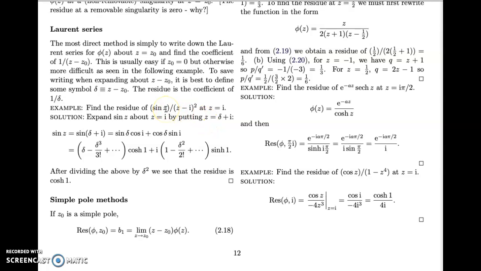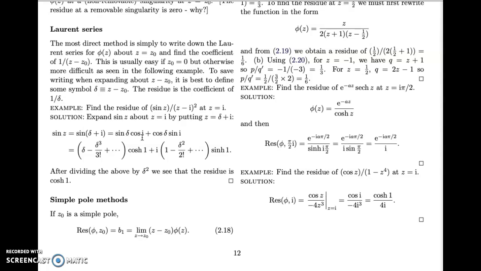Substituting that in, sin z is sin(delta plus i), just using the normal formula. That gives us this. Then we just use the expansion of sin delta, the usual formula: delta minus delta cubed over 3 factorial plus and so on. Cos i, remember cos(iz) is the same as cosh z.